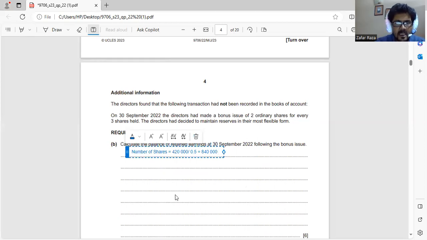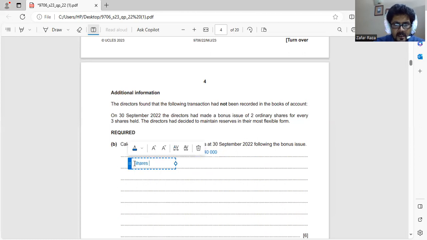Now, bonus issue. How many shares are issued as bonus? 840,000 multiplied by 2 upon 3. That means we have issued 840,000 multiplied by 2 divided by 3, which is 560,000 shares as bonus shares.